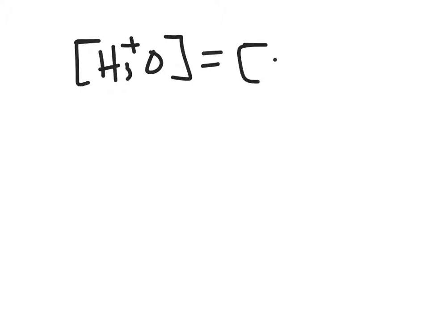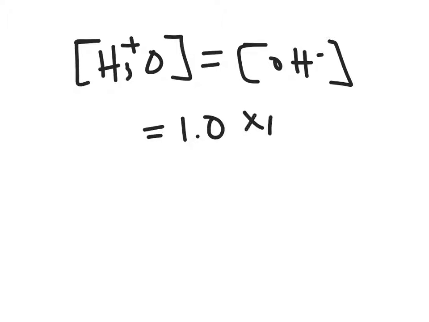So this means that we can solve for different values, and we can take a look at the relative amounts of the hydronium and the hydroxide concentrations. So since the ionization product is always constant, if we have a special case where the concentration of the hydronium ion is equal to the concentration of the hydroxide ion, then each of those concentrations would be 1.0 times 10 to the minus 7 molar.